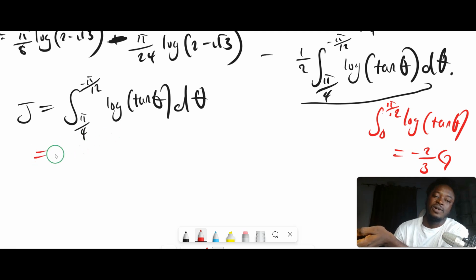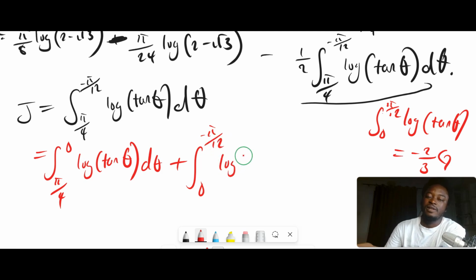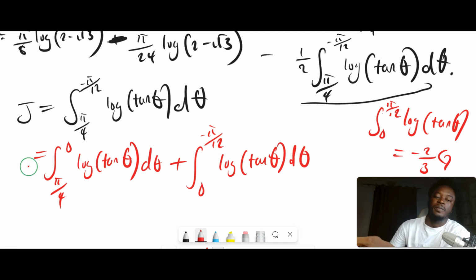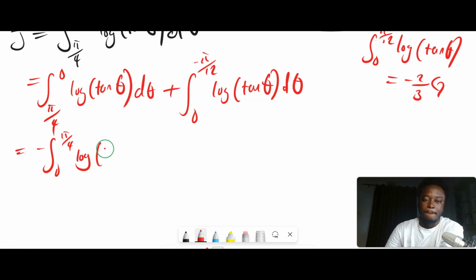So here now we will have the integral from pi over 4 to 0 of the logarithm of tan theta d theta, plus the integral from 0 to negative pi over 12 of the logarithm of tan theta d theta. Now here this is negative times the integral from 0 to pi over 4 of the logarithm of tan theta d theta.